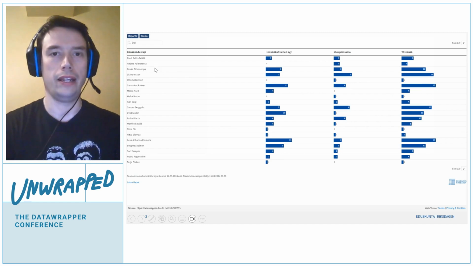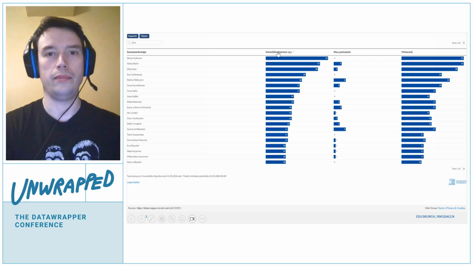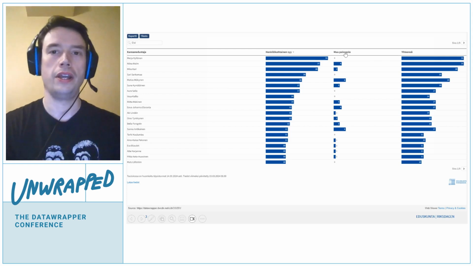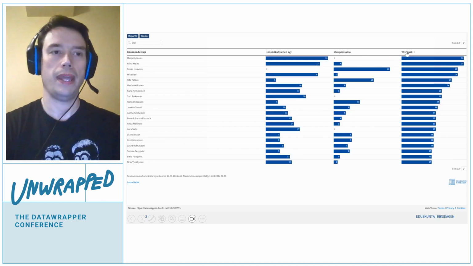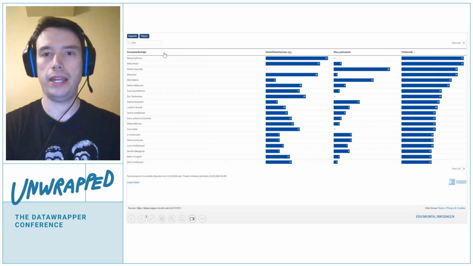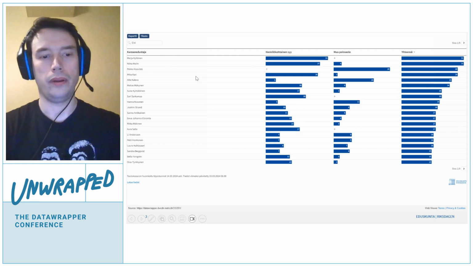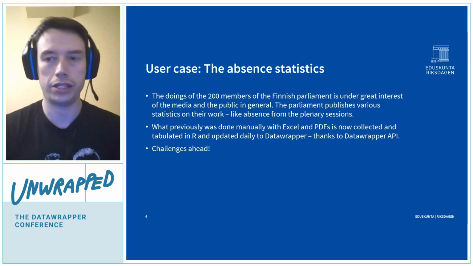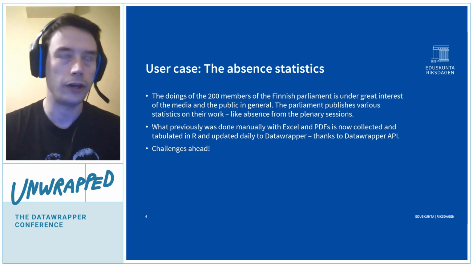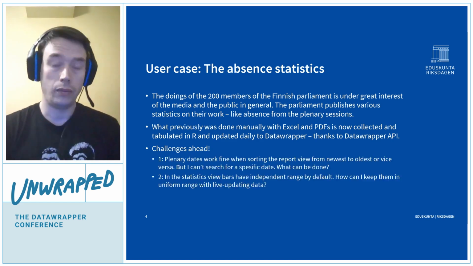And here again, you can sort or reorder by whether there's a personal reason for the absence or another reason, and also the total number of absences. And here the bars are in uniform range.